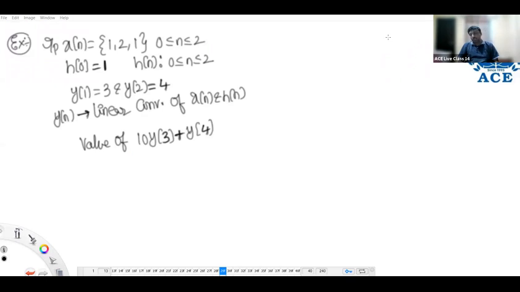We have 2 unknown samples that can be assumed as A, B, because h[n] has a total length of 3 samples. So you can assume the other samples as A, B. Output is defined for 2 samples, y[1], y[2]. That fellow is asking, what is the value of 10y[3] plus y[4]?